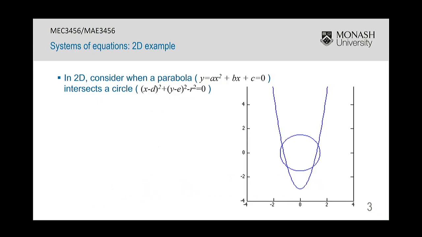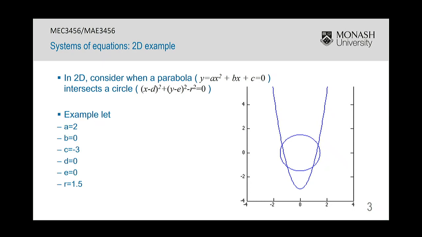So let's consider a parabola, and the general form for the parabola is y equals ax squared plus bx plus c, and where does this intersect a circle? (x minus d) squared plus (y minus e) squared minus r squared is equal to 0.